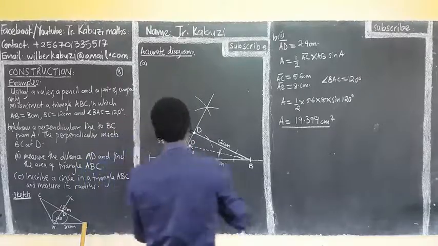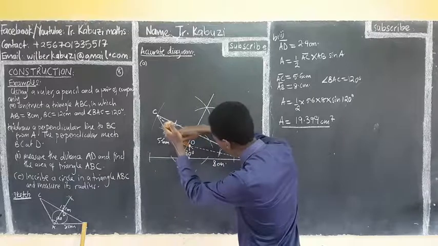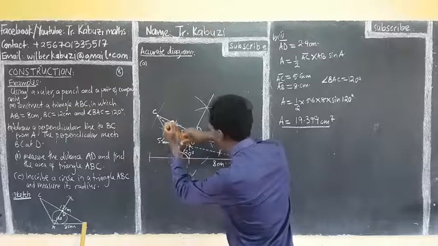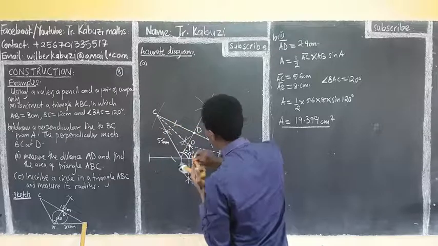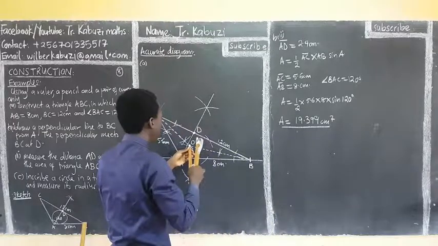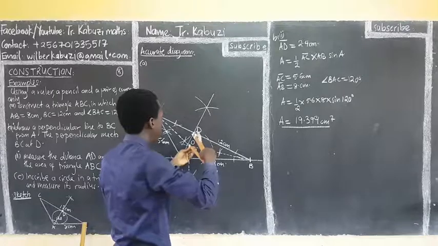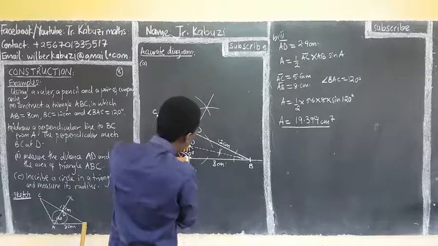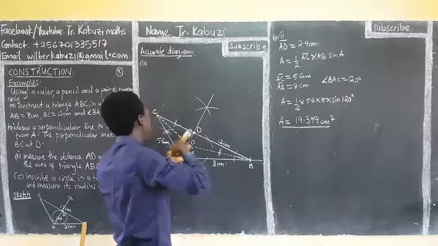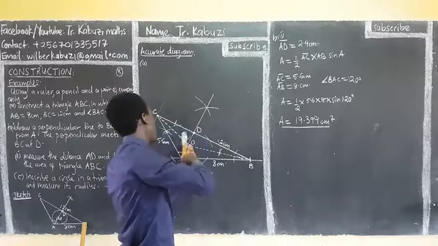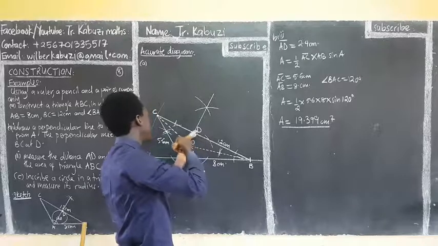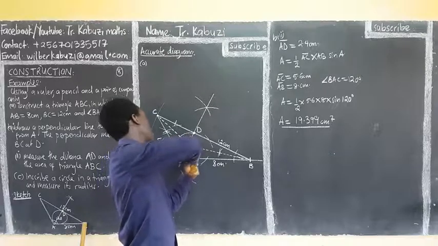I make it touch this point here. Then you inscribe there, then also here properly. So now we inscribe like that.